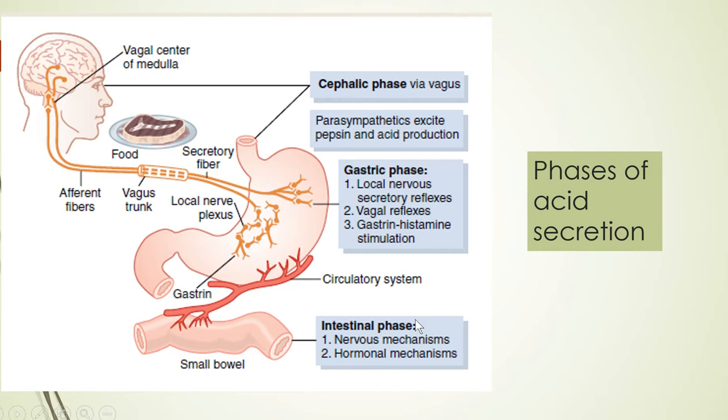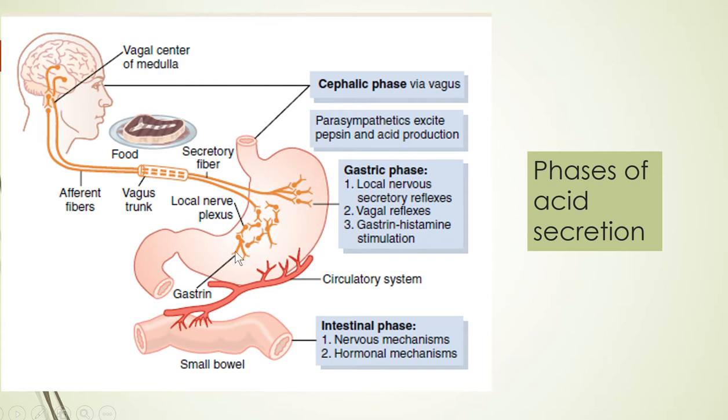So that is the intestinal phase. Sphincter contraction will be increased and gastric acid secretion will be more if solid food enters into the duodenum, because more time is needed for the food to be converted into chyme.